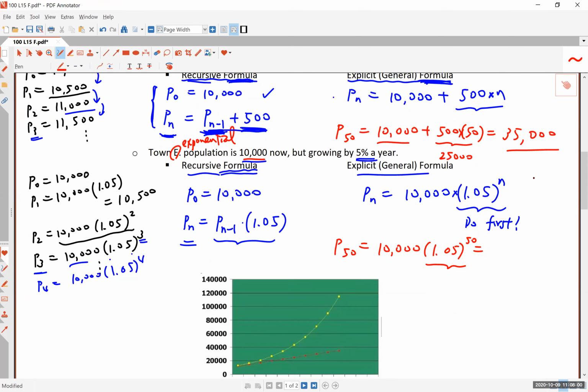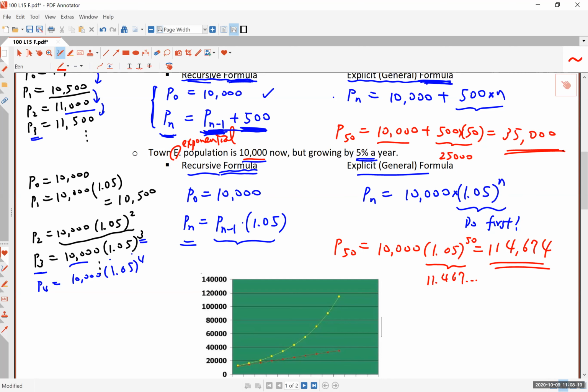All right, so if you just write this down, what we found is this part was 11.467 something, and multiplying that by 10,000, you get 114,674 after rounding up.